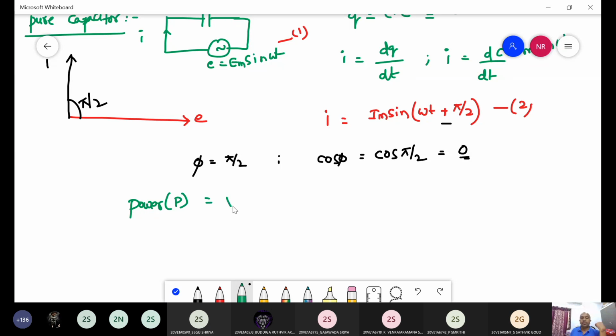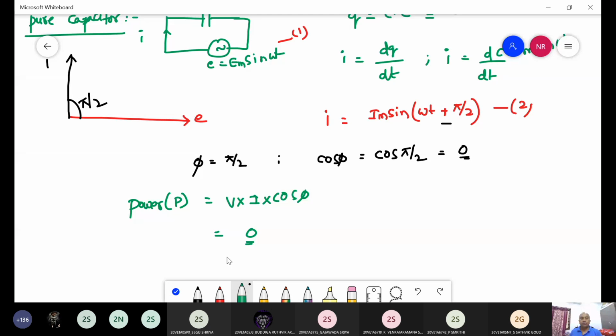Then power P is the same thing, that is V I cos phi, right? Here I am not mentioning RMS or not, so assume that it is RMS. If it is not mentioned, assume that it is RMS. So what is the power consumption here? 0, right? So a pure inductor and a pure capacitor do not consume any power.